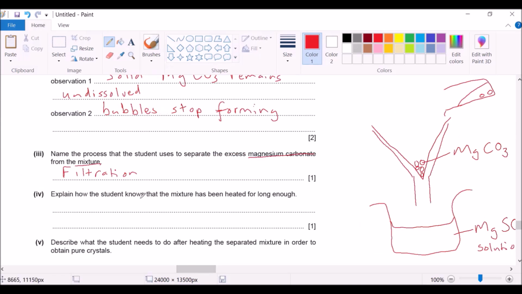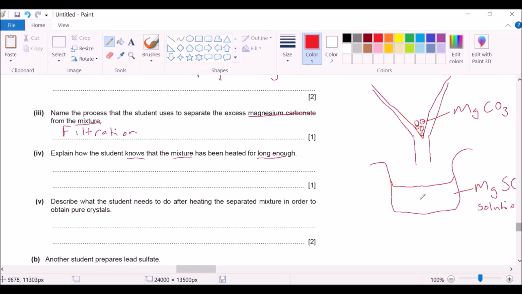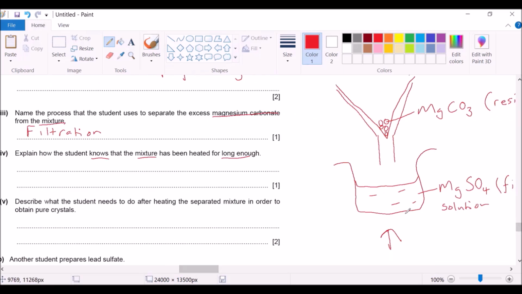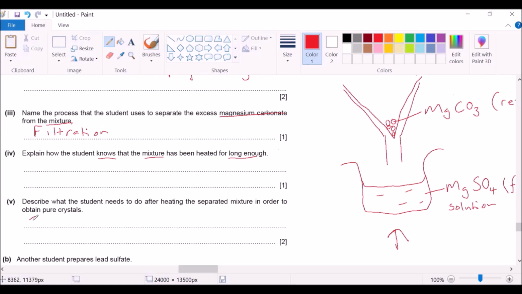Explain how the student knows that the mixture has been heated for long enough. Okay, let's look at where it says heats the separated liquid. After filtration, this magnesium sulfate solution is heated, because we want to make crystals. We see solid or crystals start to form.